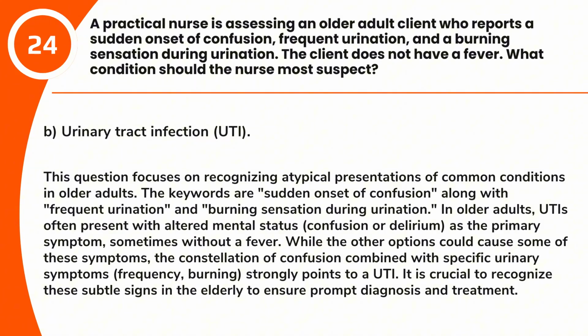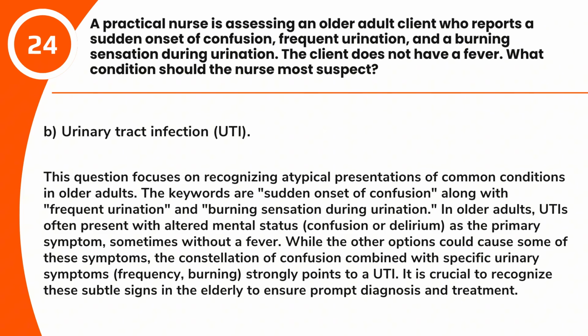Answer B. Urinary tract infection, UTI. This question focuses on recognizing atypical presentations of common conditions in older adults. The keywords are sudden onset of confusion along with frequent urination and burning sensation during urination.